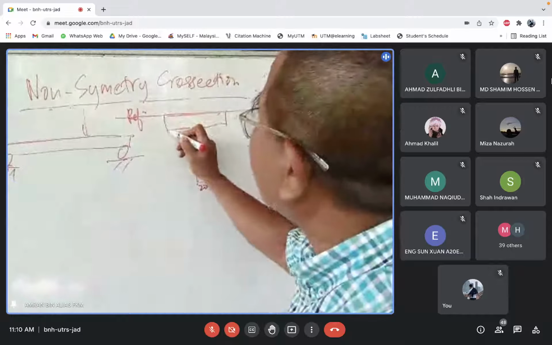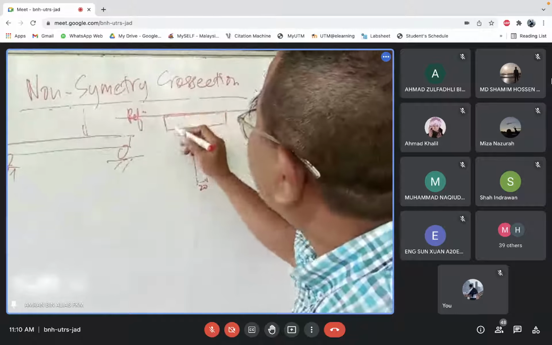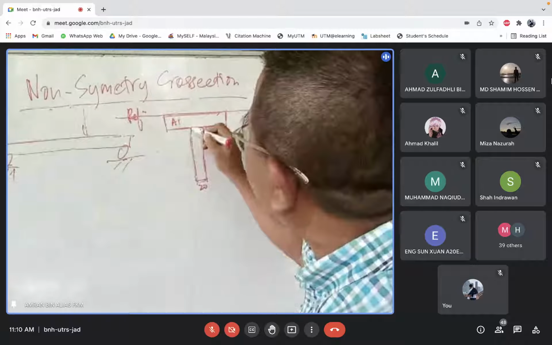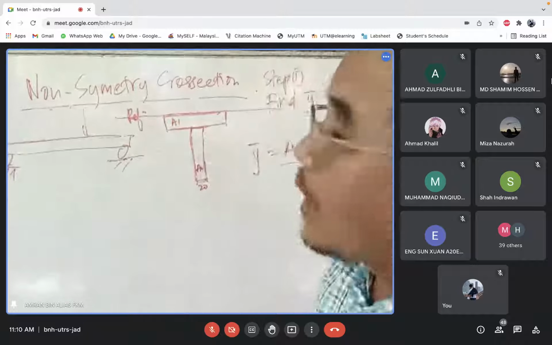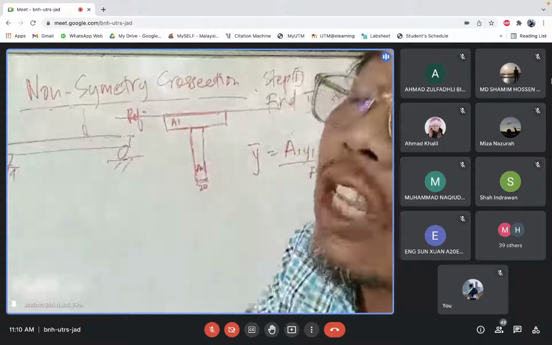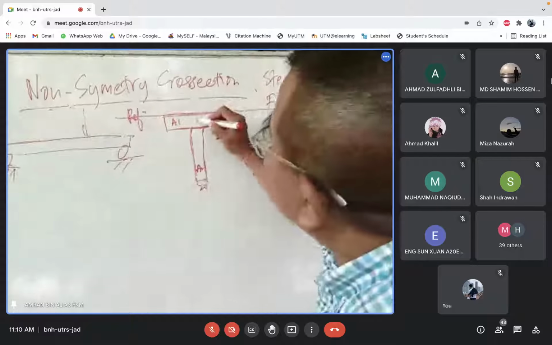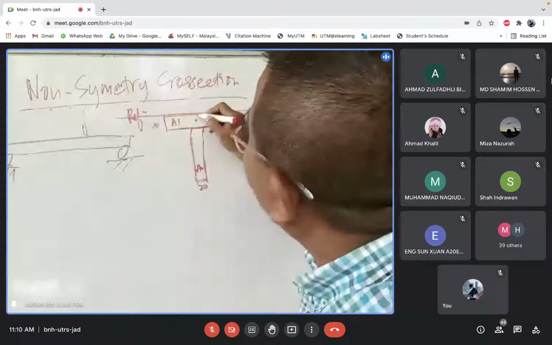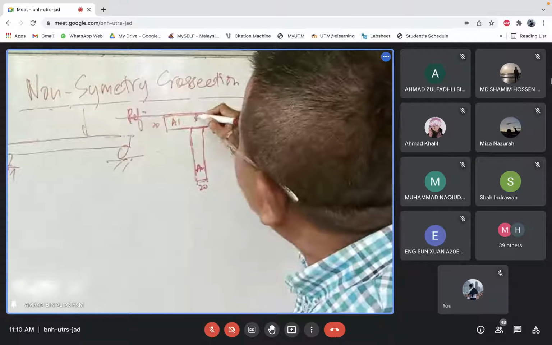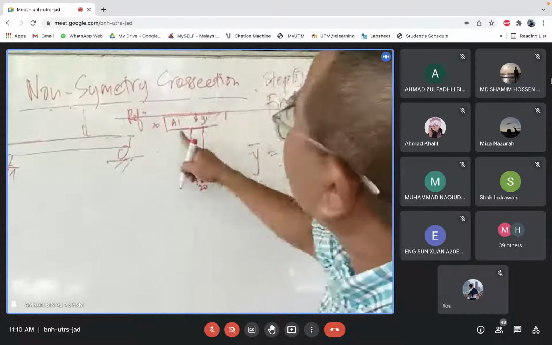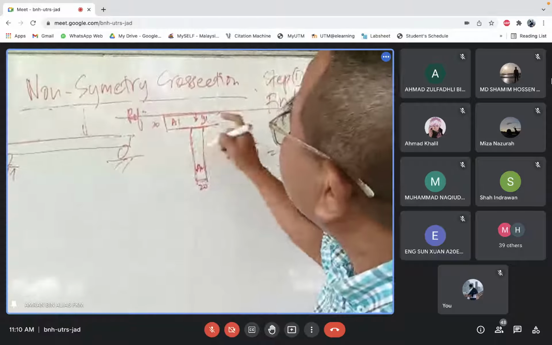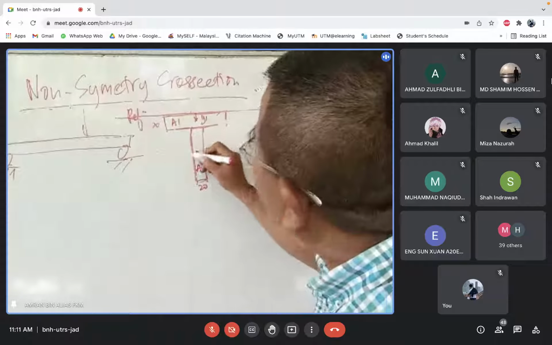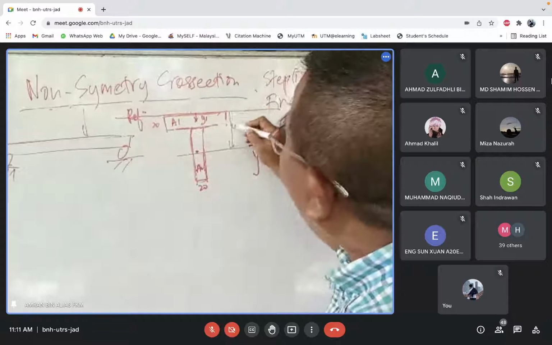This is area 1. The second one, at the bottom here, is another area, A2. Then dot the point of the centroid of each area. Here is the centroid, at 20. This distance here we call Y1 because it is area 1. This centroid here at 100, the distance here is Y2.